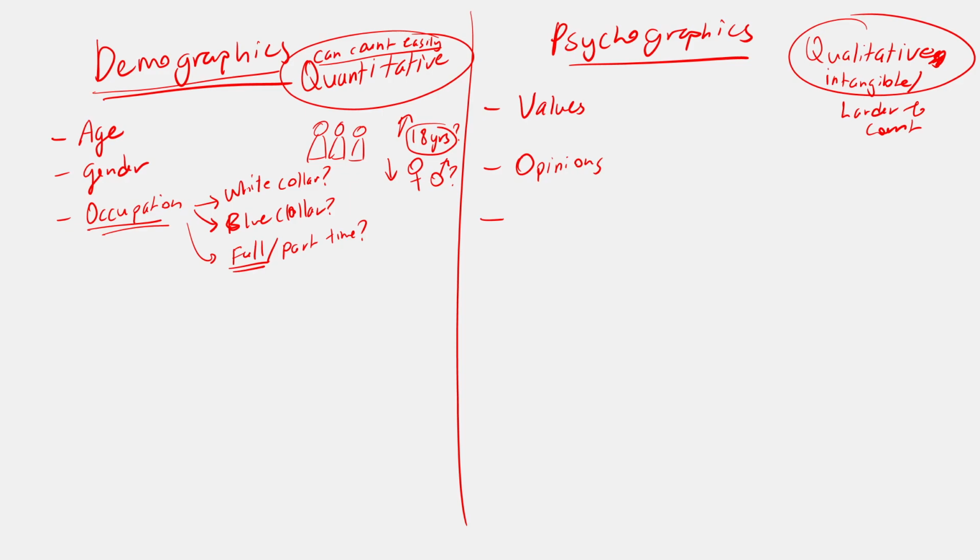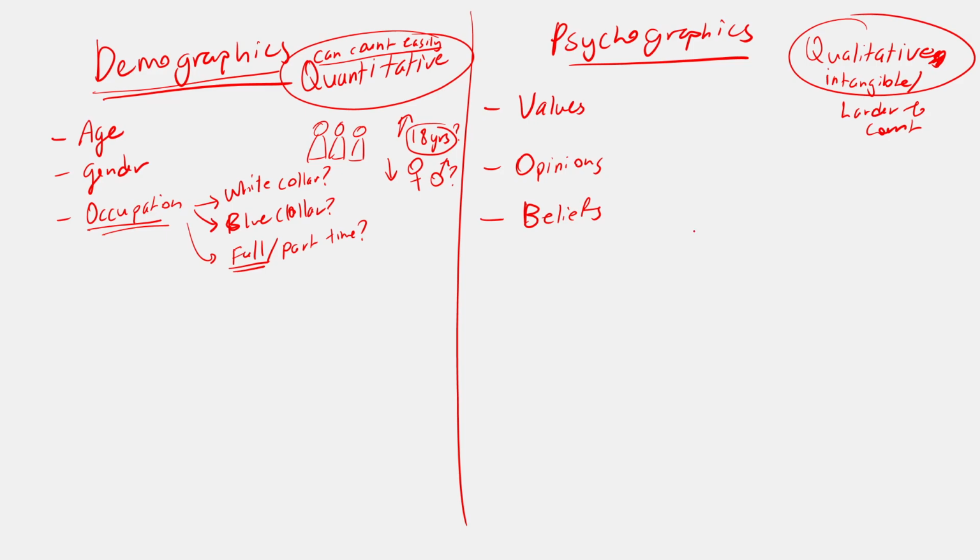Let me do a quick search because I kind of forgot the exact terminology for you guys. Okay. Yes, values, opinions, and beliefs. There we go. So this is where it gets a little bit tricky.